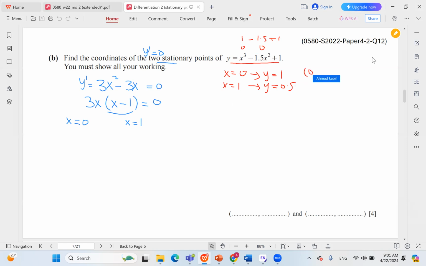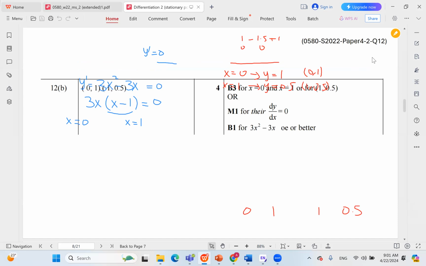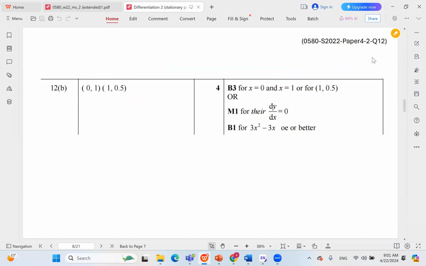So you have (0, 1) as a first point and (1, half) as a second point. These are the 2 points. And these are the correct answers here.